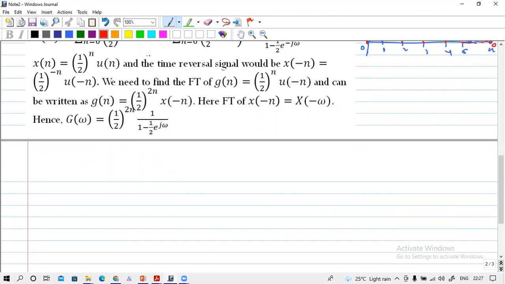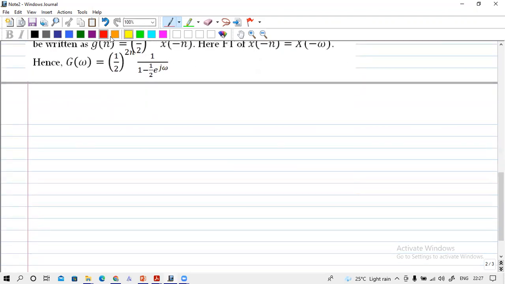So the sequence is somewhat like this. It starts from 1 and decays, and at infinity it will become 0. So this is n, and this is x[n].